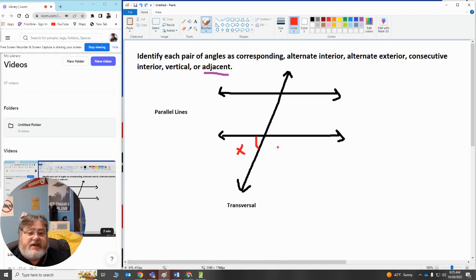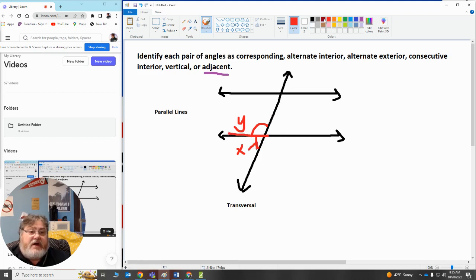Let's say this is angle X. It's also adjacent here. This could be angle Y. So if we looked at this and was asked to name the angle, what kind of angles are the pair of angles X and Y in the drawing? We would say adjacent because we share the same wall, we share the same vertex.